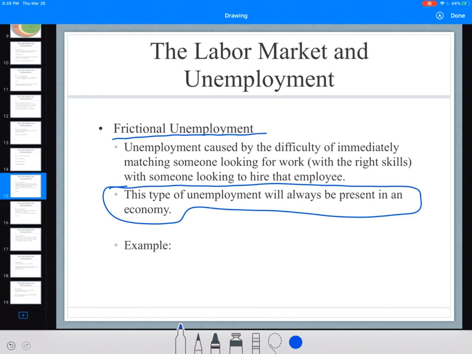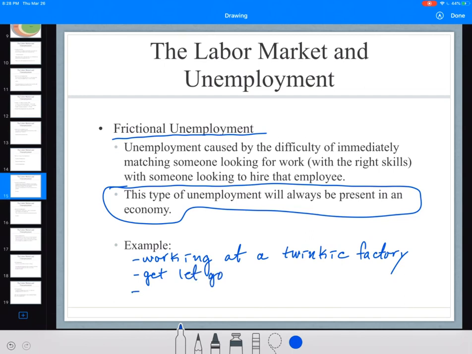So an example here would be, let's see, you're working, suppose you're working at a Twinkie factory. Okay. Let's suppose the Twinkie factory lays you off. You get laid off, let go.